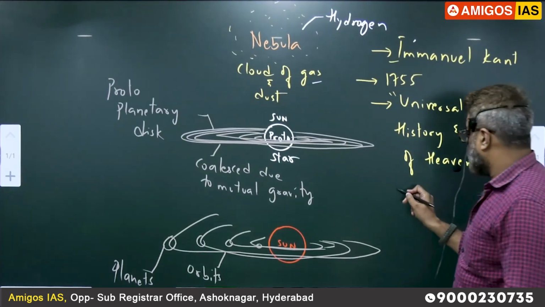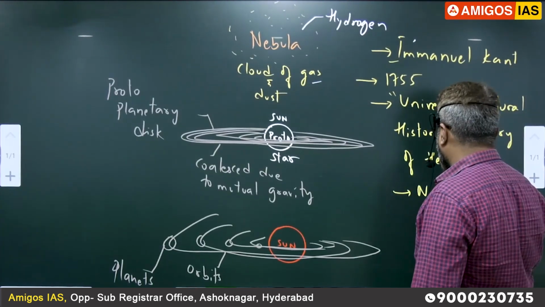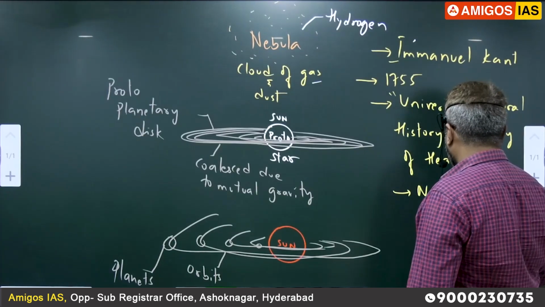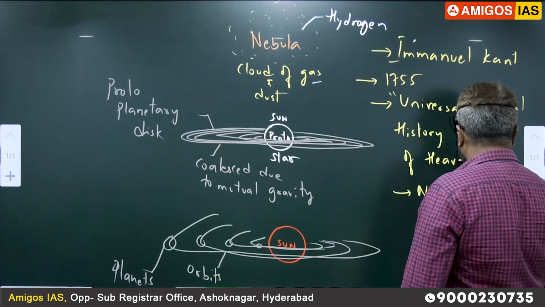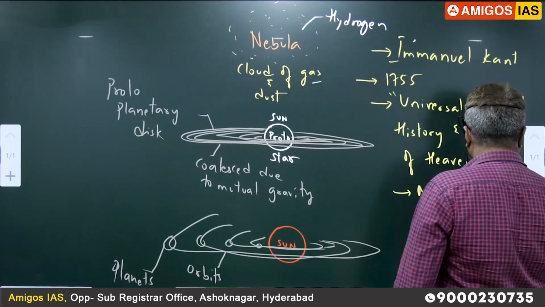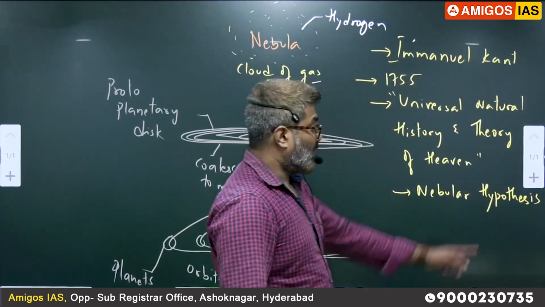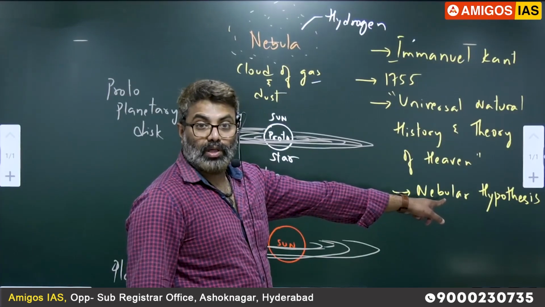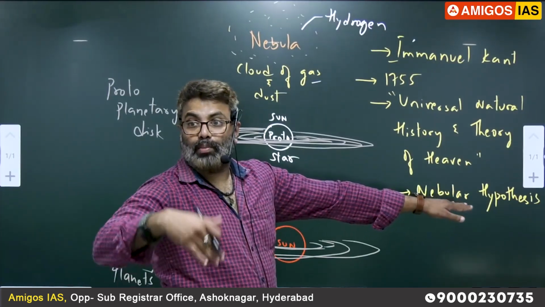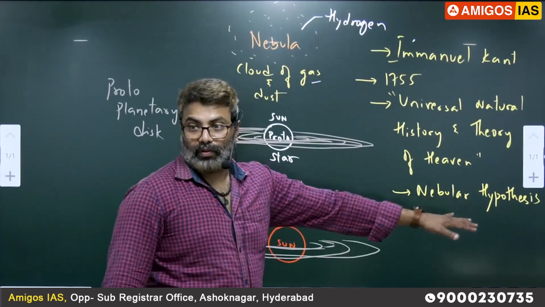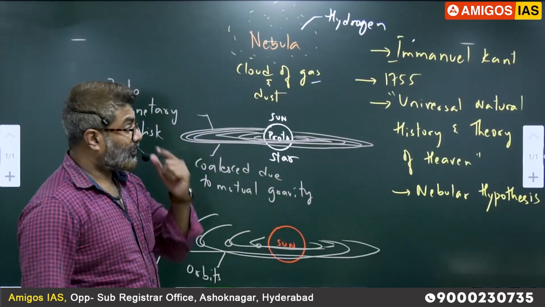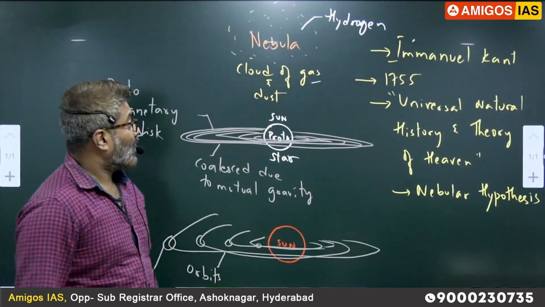In this book, he gave the hypothesis called the Nebular hypothesis. So, which hypothesis explains the formation of the solar system? Nebular hypothesis. Okay, after approval, this became the nebular theory. Please remember this.